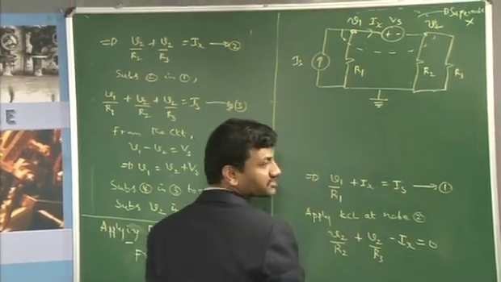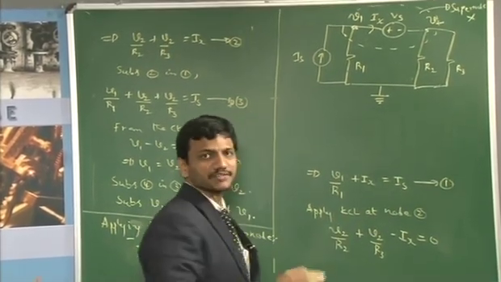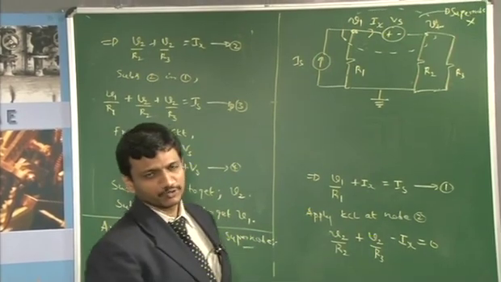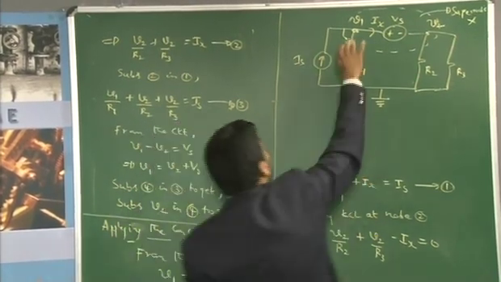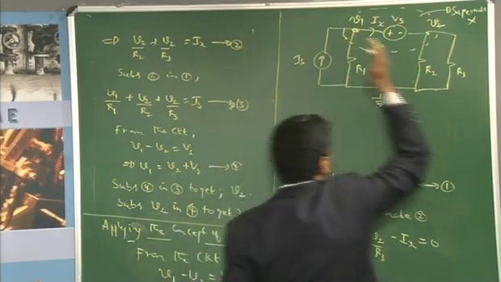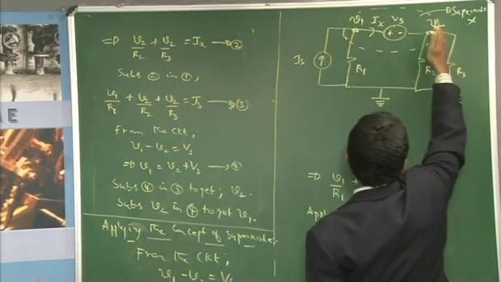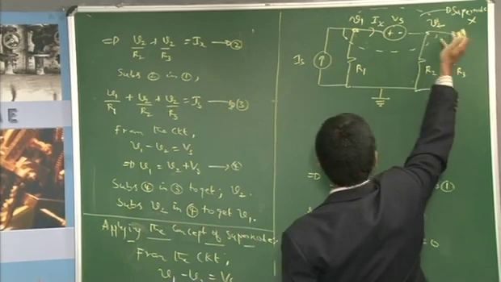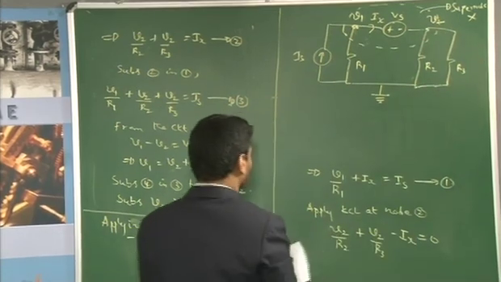There are 4 branches associated with this super node. And please remember, there is no separate node voltage allocated to the super node. On this side of the super node, V1 is the node voltage, and on this side, the voltage will still be V2.